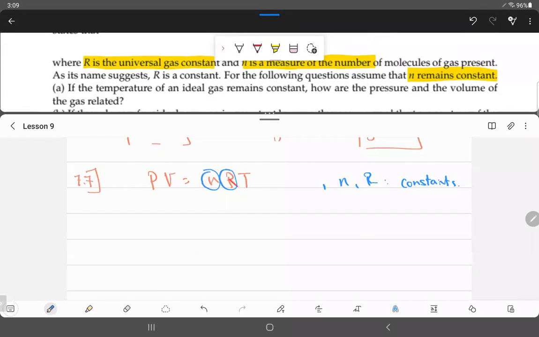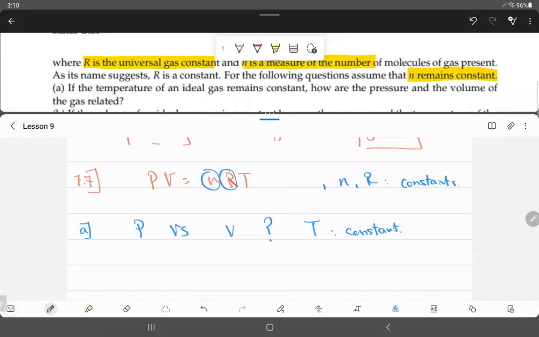Okay, let's answer question A. If the temperature of an ideal gas remains constant, how are the pressure and the volume of the gas related? So the goal is to check the pressure versus the volume. What is the relationship between the pressure and the volume, given that the temperature is constant, doesn't change?